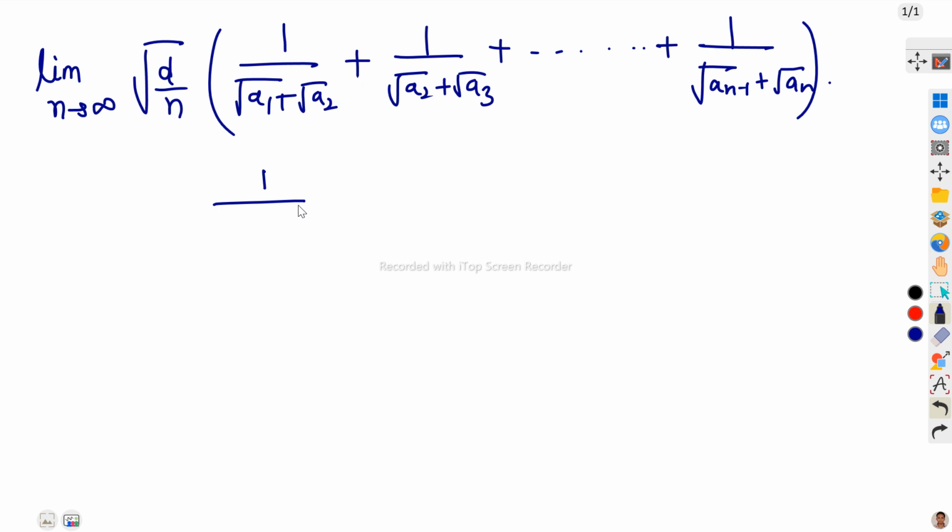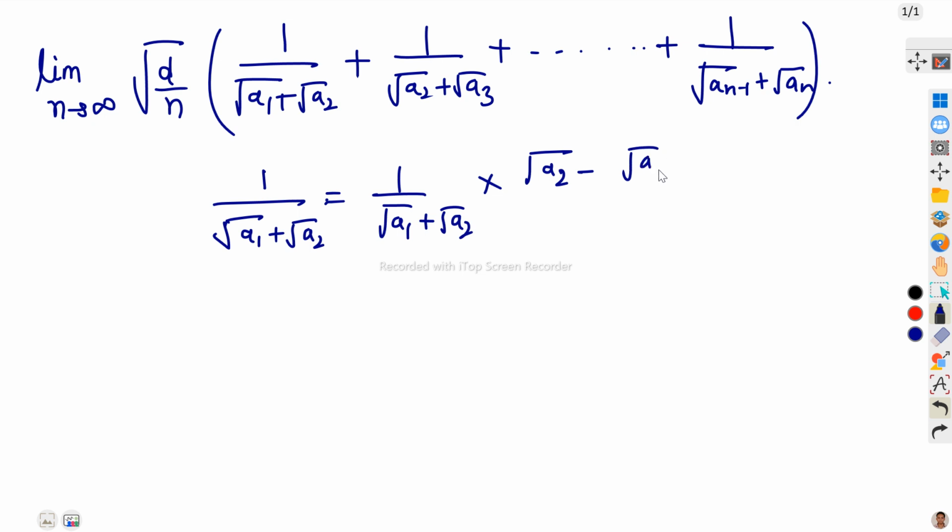So 1 upon square root a1 plus square root a2 can be written as square root a2 minus square root a1 upon the square root of a2 plus square root of a1 into square root of a2 minus square root of a1.